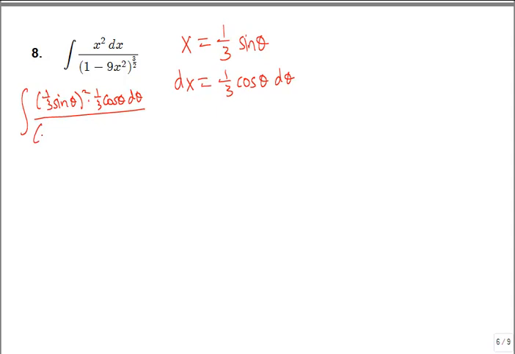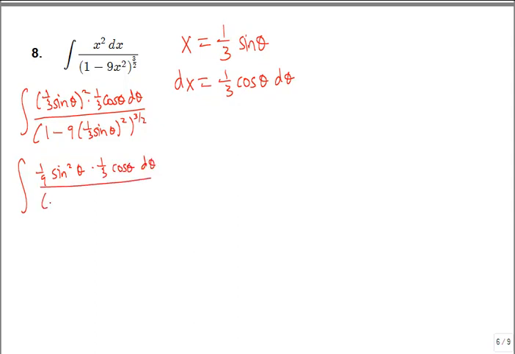And on the bottom, we get 1 minus 9 times 1/3 sine theta squared, all raised to the 3/2. So on the top, 1/3 squared is 1/9 sine squared theta times 1/3 cosine theta d theta.